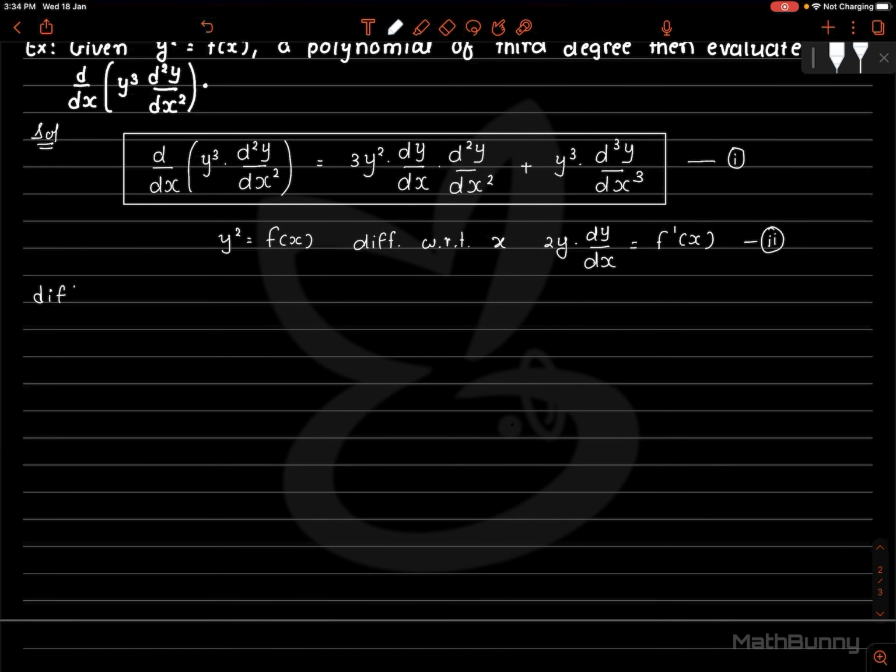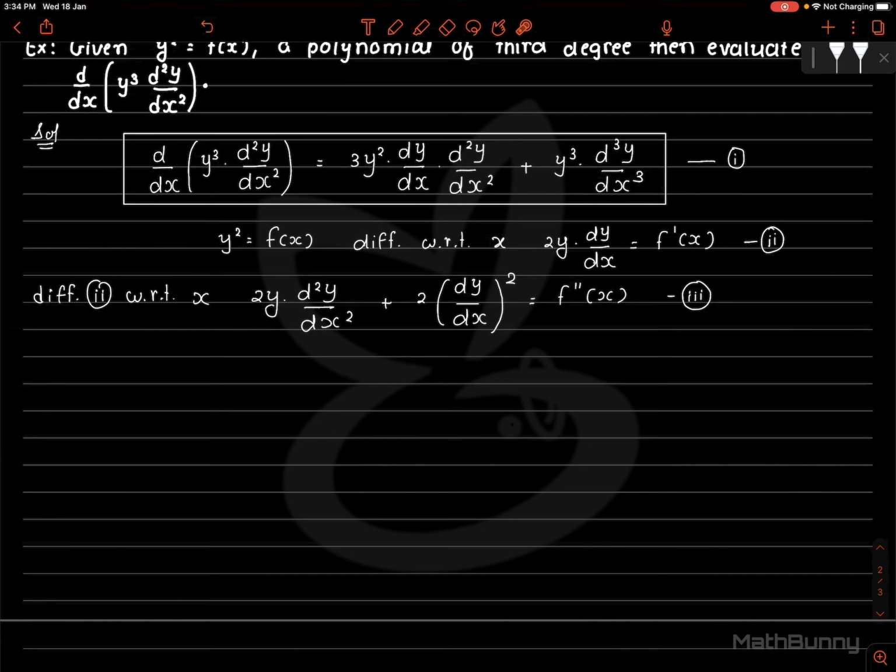Differentiating 2 with respect to x, we will get 2y into d square y upon dx square plus 2 dy by dx's whole square is equal to f double dash of x. Say this as result number 3.